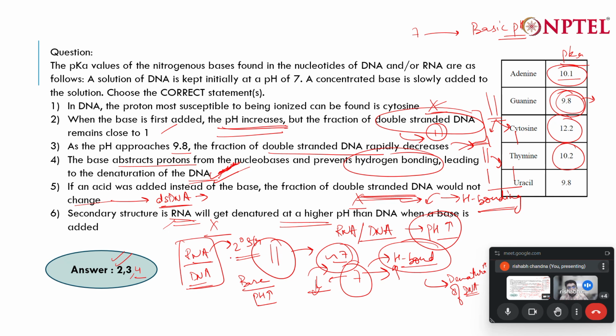Now this scenario will affect both DNA and RNA, not only RNA or not only DNA. So RNA will start losing its secondary structure and DNA will start denaturing. So the sixth point says that RNA secondary structure will get affected at higher pH but not DNA. So this is not the scenario. Both the nucleic acids, either DNA or RNA, will be affected at higher pH.